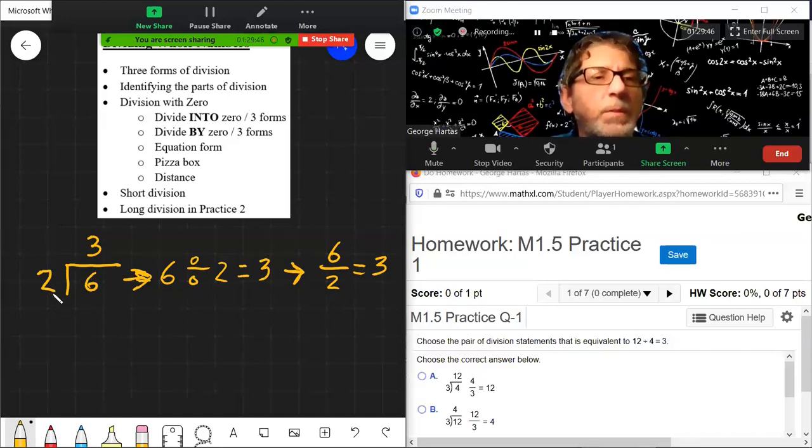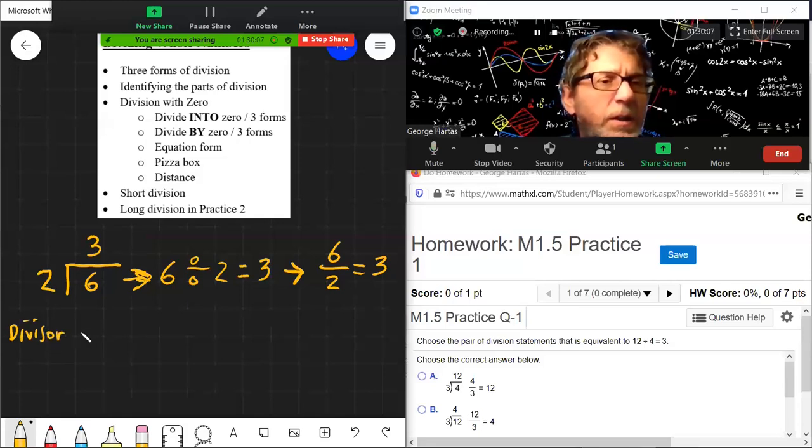Now, each of these numbers has a name. We have labels attached to these numbers so they're easy to identify. This number here, this number in front, is the divisor.